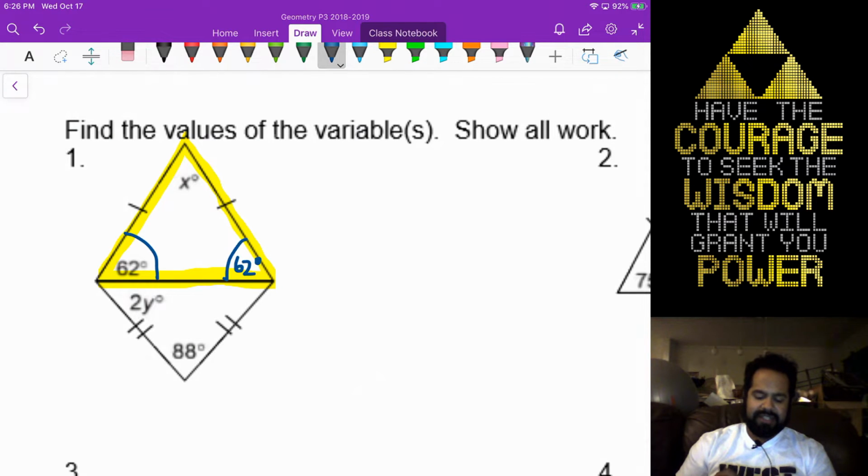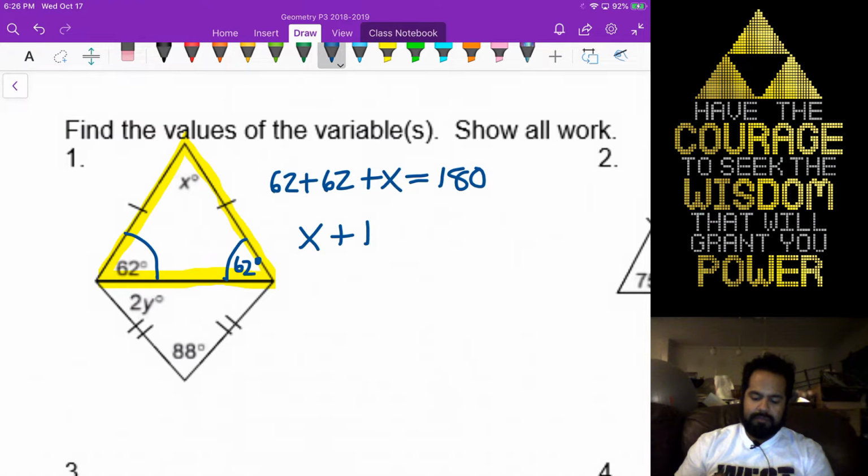So then what we can say is 62 plus 62 plus x equals 180. Alright, so then we got x equals 56.